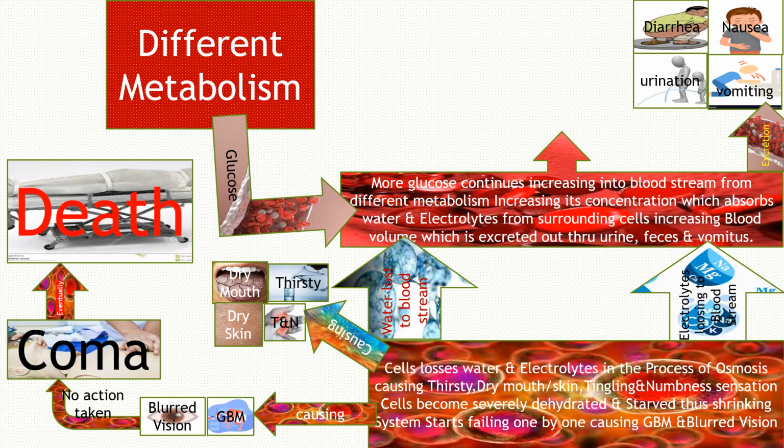More glucose continues increasing in the bloodstream from different metabolisms as mentioned above, increasing its concentration, which starts to absorb water and electrolytes from surrounding cells through a process of osmosis, increasing more and more blood volume, which is concentrated with glucose and electrolytes.